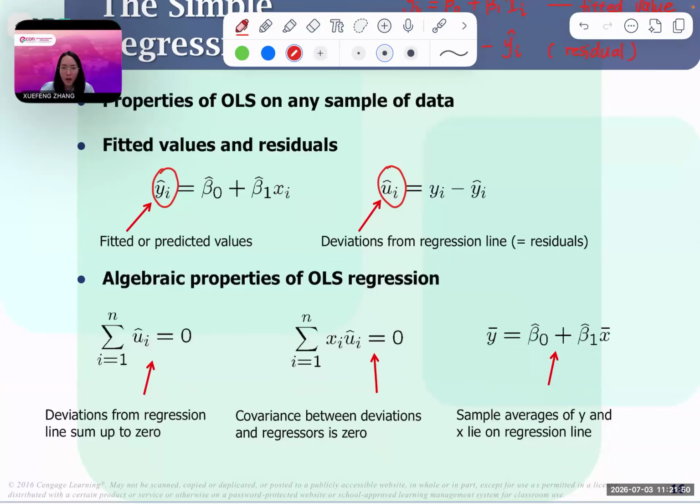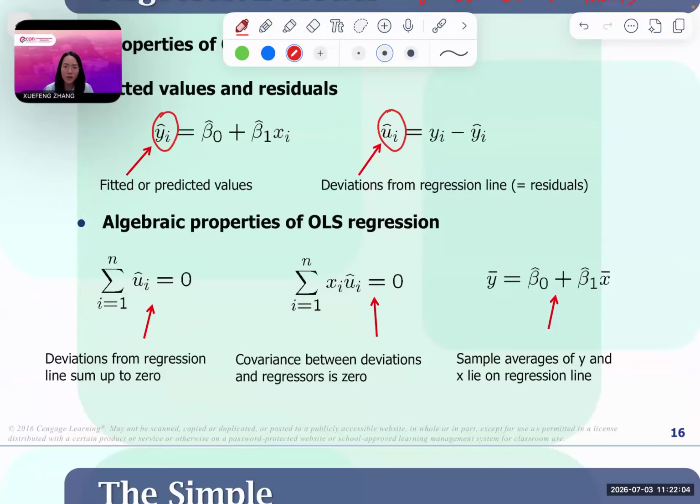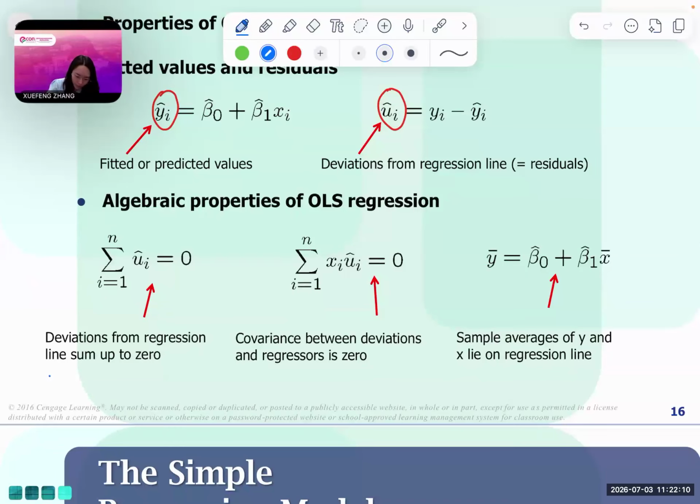Now, three algebraic properties of OLS. The first one, property 1, deviations from the regression line sum up to 0. What does it mean? It means that all residuals add up to 0. The second, property 2, covariance between deviations and regressors is 0, okay?